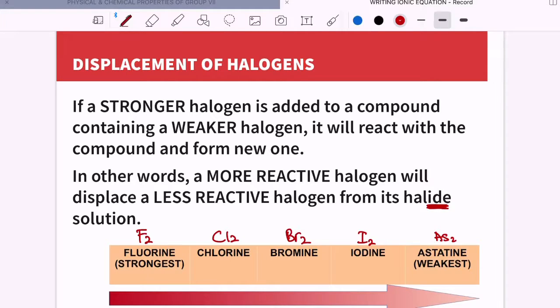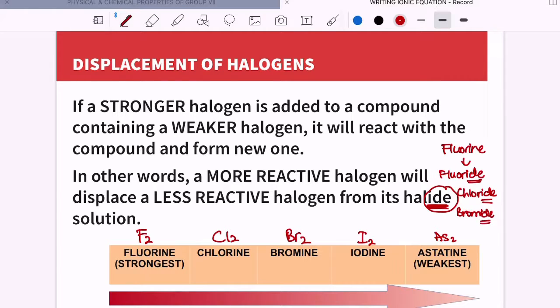This is the diatomic form. So if you remember the "ide", this is when your fluorine, for example, will form fluoride. So you have chloride, you have bromide.